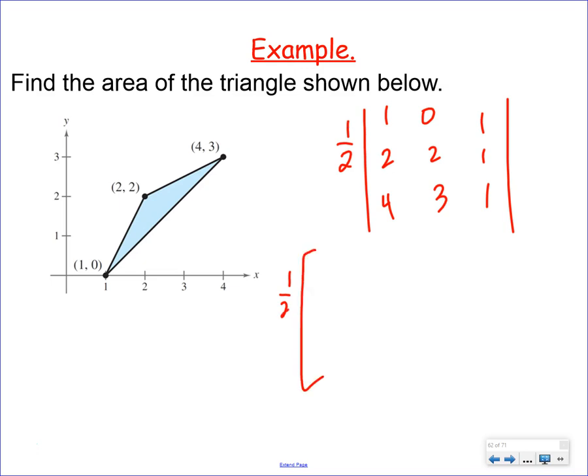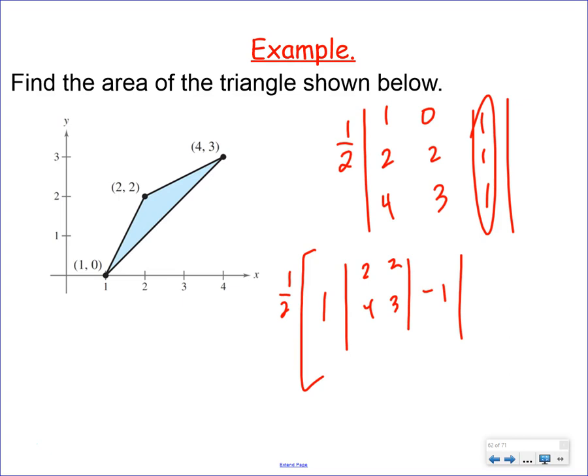What row do you guys want to use? Third column? Okay. Third column, positive, negative, positive. So I have 1 times the remaining 2, 2, 4, 3. Positive, negative, positive, negative. 1, 0, 4, 3.